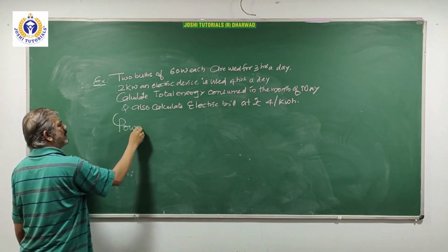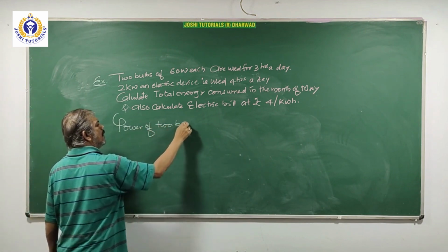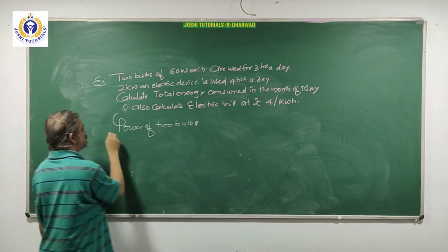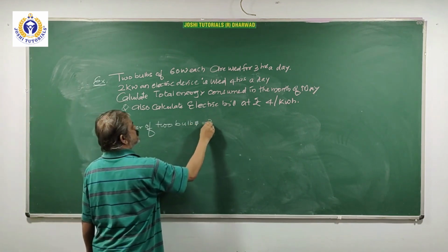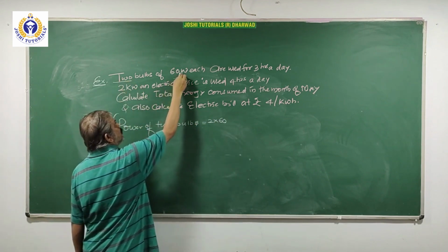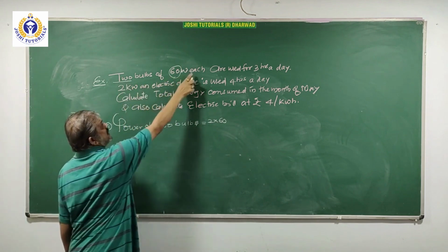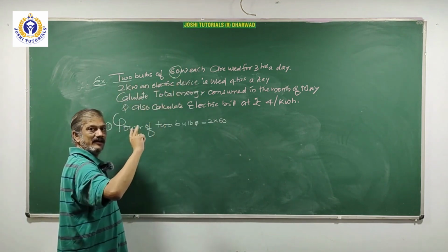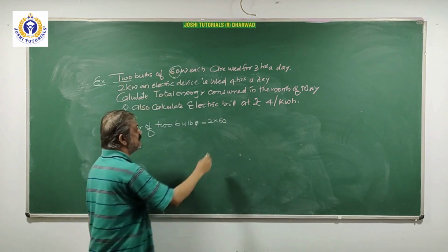Answer: power of 2 bulbs. First one, that is 2 into 60. Try to understand, 2 bulbs, but we people see only 60. Be careful. Each is given, not together. One bulb is 60, 2 bulbs means 120.